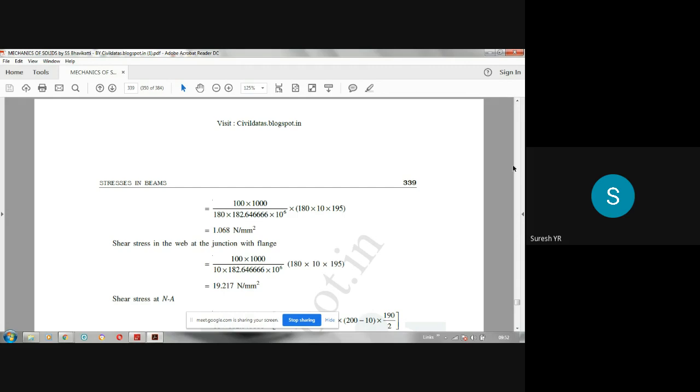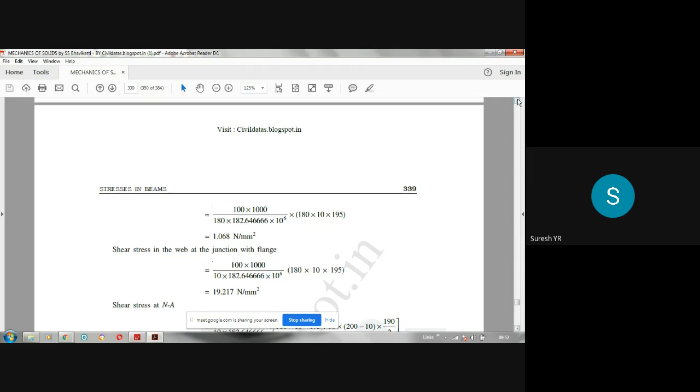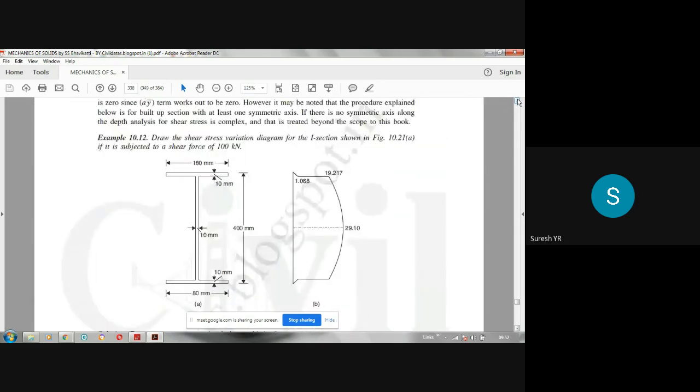So we are having two values of shear stress at this junction. Wherever junction is there between flange and web, you will be having two values of shear stress. The first value is this 1.068, that is for flange. Second value is 19.217.